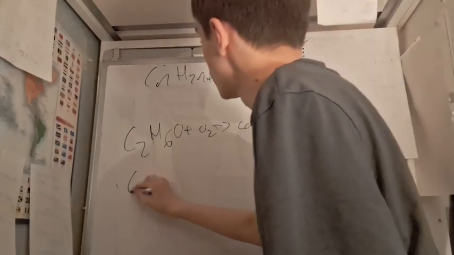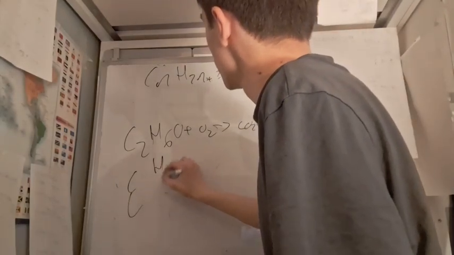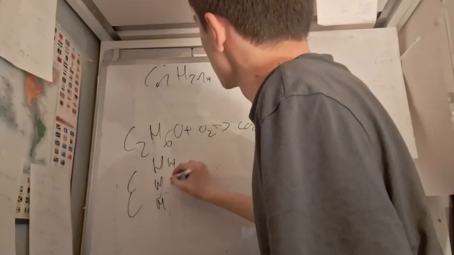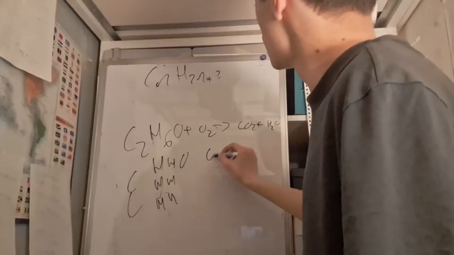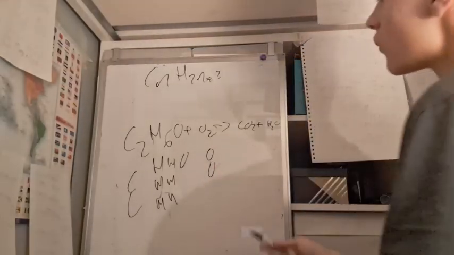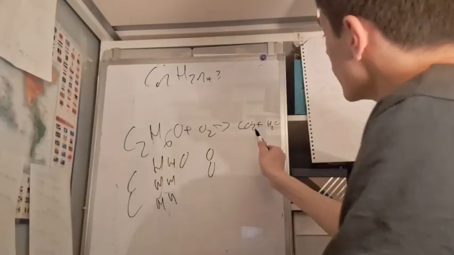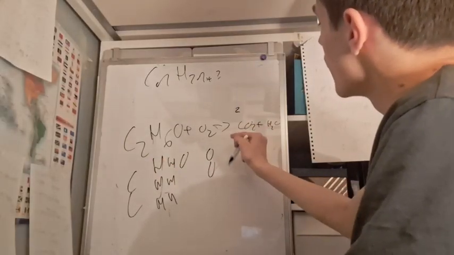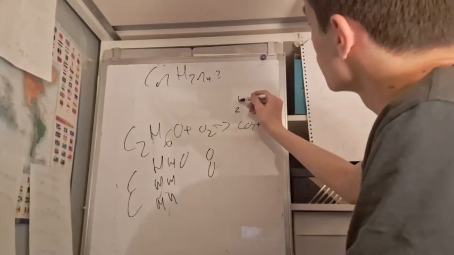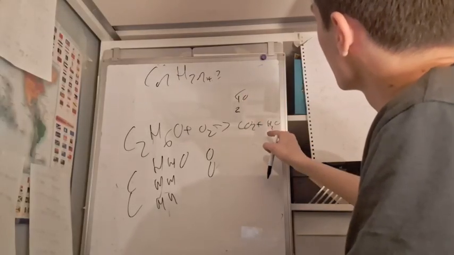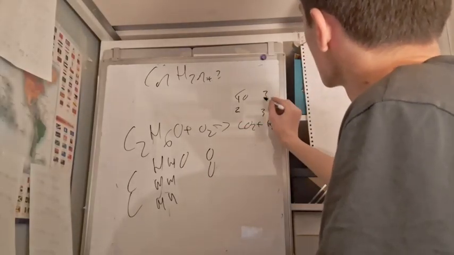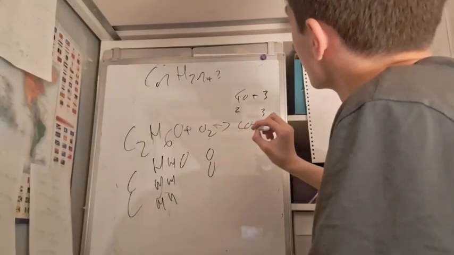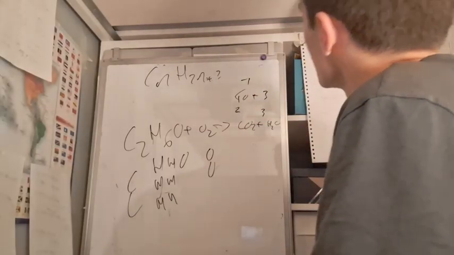So we have two carbons, six hydrogens, and one oxygen, and two oxygens here. Because we have 2 here, we'll put 2 above here. If it's 2, that means this would be 4 oxygens. And for this, it would be 3 oxygens. 3 plus 4 is 7.